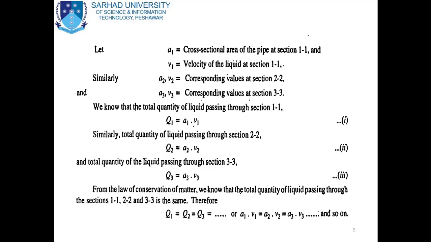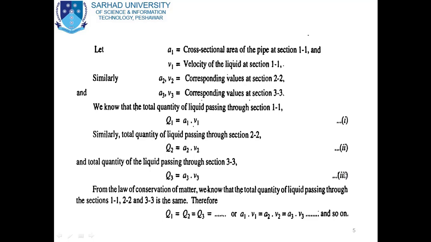Now we know that the total quantity of liquid passing through section 1,1 is Q1 = A1 V1, and let this be equation 1. Similarly, the total quantity of liquid passing through section 2,2 is Q2 = A2 V2, and this is equation 2, while the total quantity of liquid passing through section 3,3 is Q3 = A3 V3, and let this be equation 3.